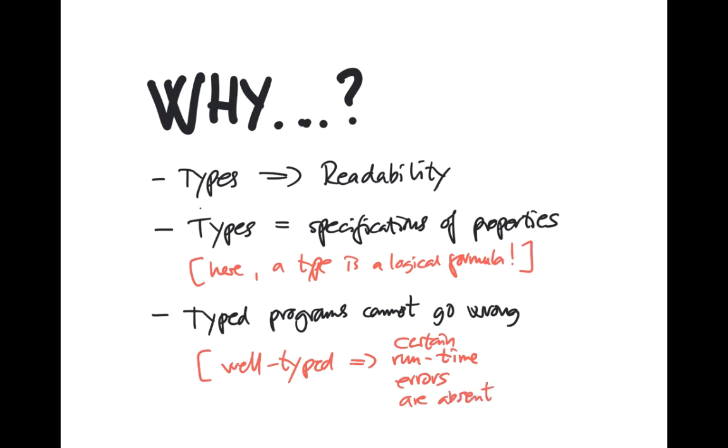So a well-typed program actually guarantees a lot about the behavior of a program. This also means something for the programming process. More precisely, what it means is that programming is different.